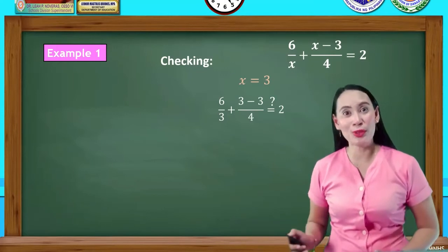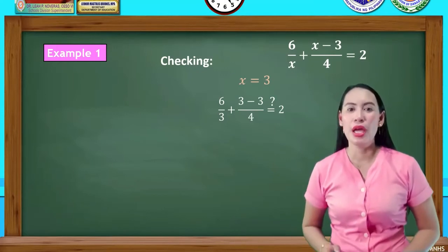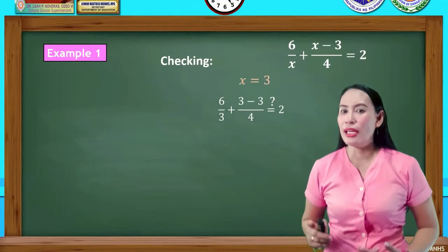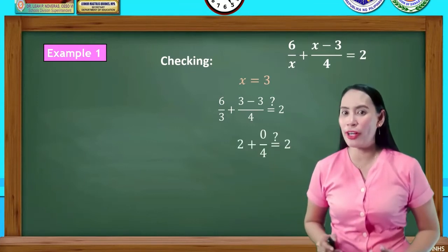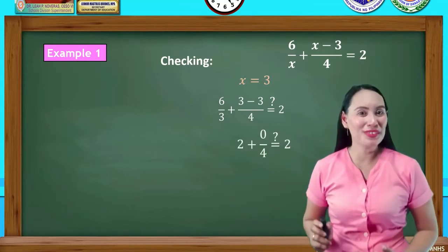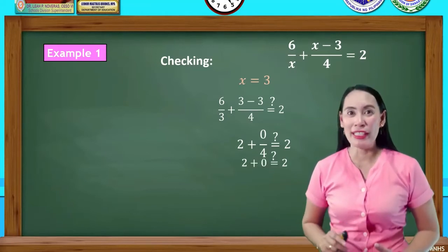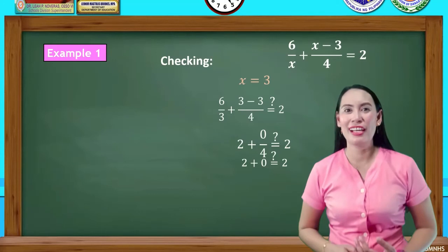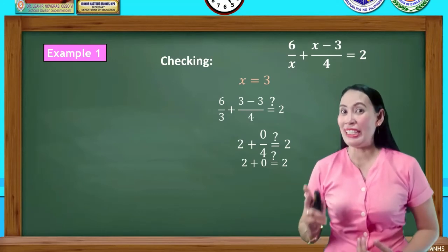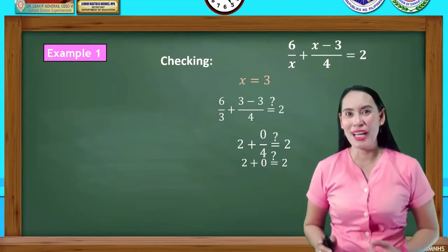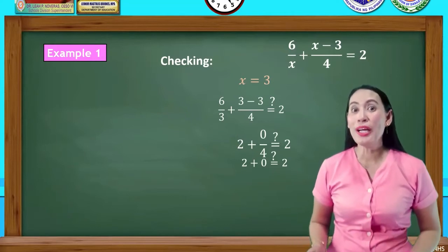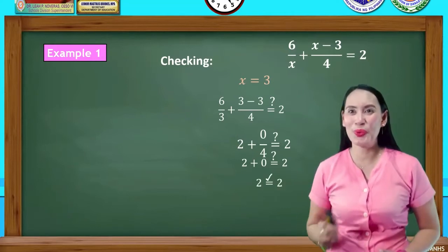Is it equal to 2? 2 plus 0 over 4. Is it equal to 2? 2 plus 0. Is it equal to 2? 2 is equal to 2.